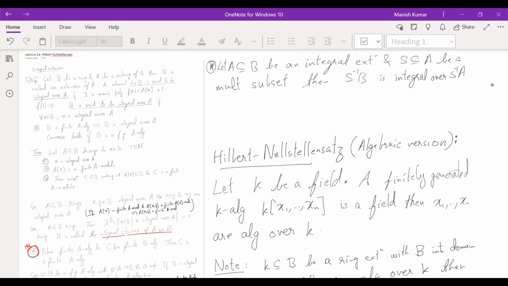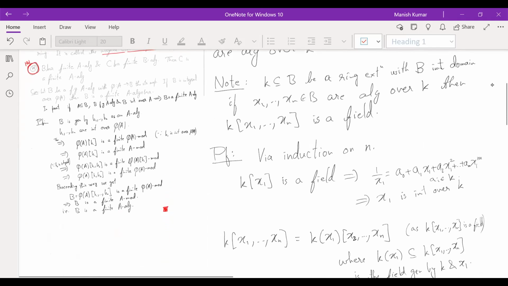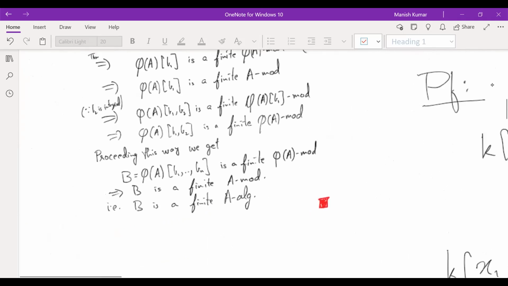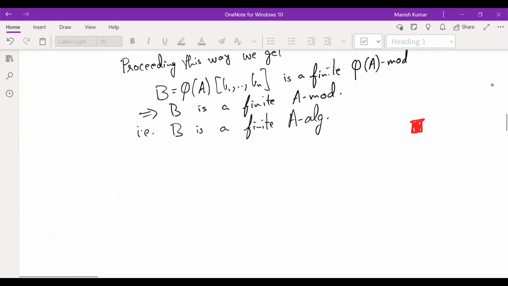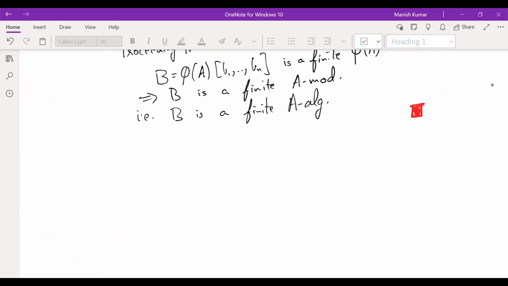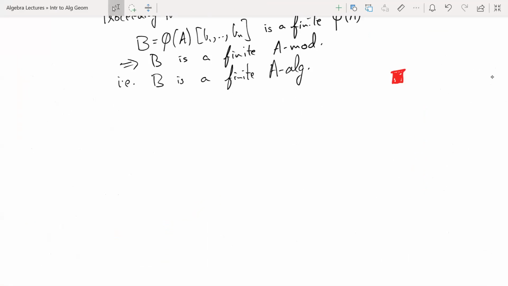I'll put up some examples as an exercise. So maybe one or two examples I should write down here. So, examples of integral extension. From number theory, you may have already seen these kinds of examples.